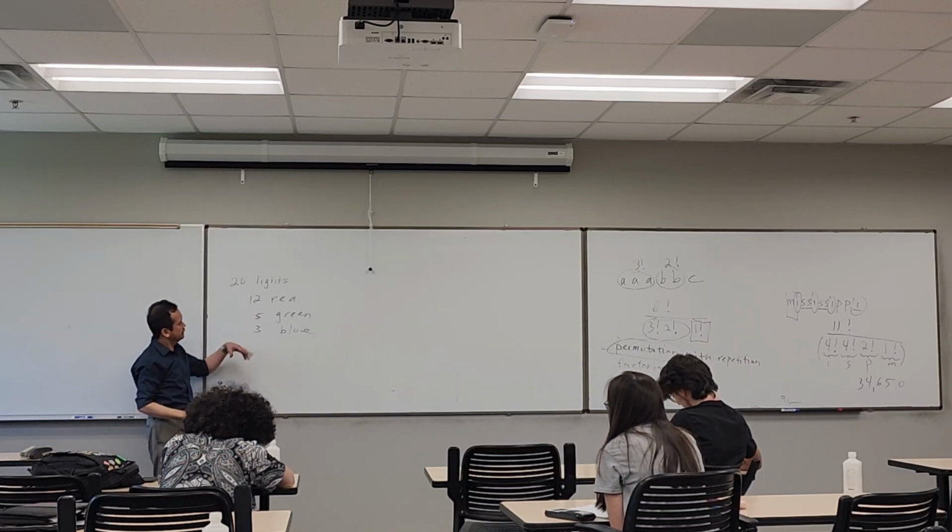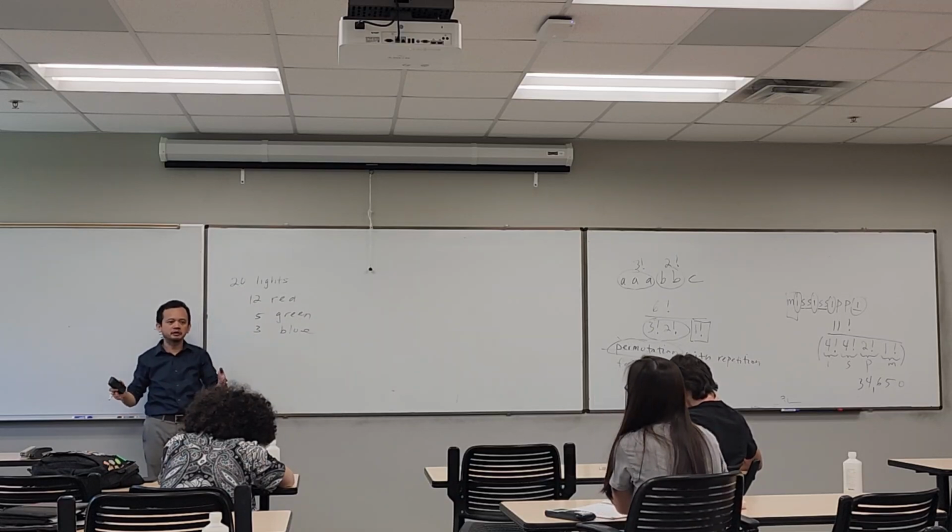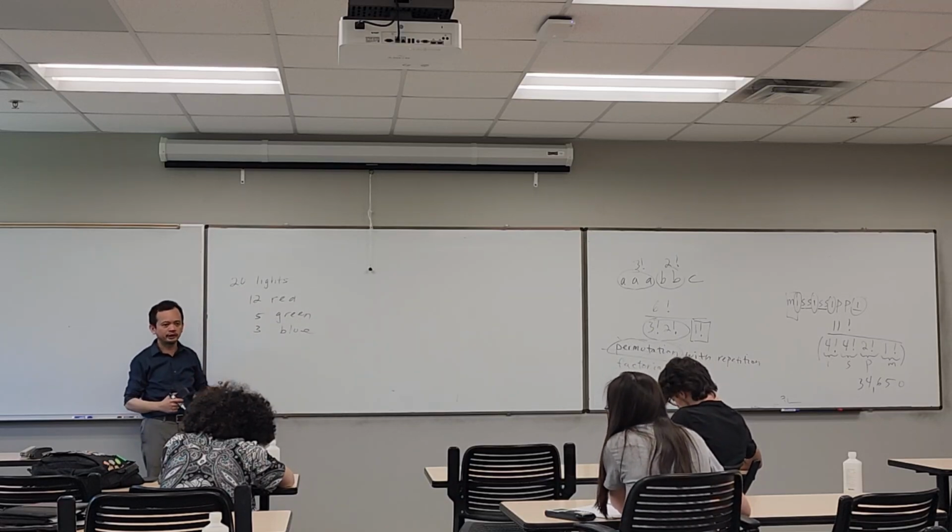So if you were to put all 20 lights, thread them through an electrical cord, then how many arrangements of all 20 lights are possible? How many different arrangements?